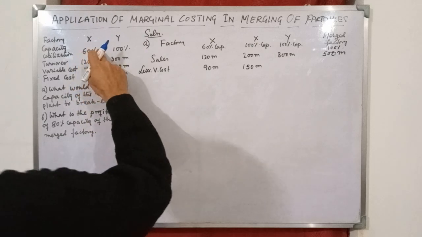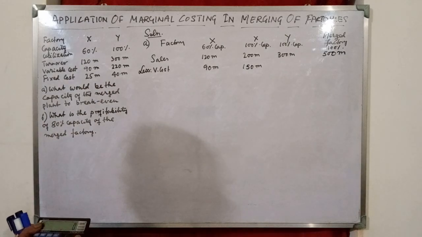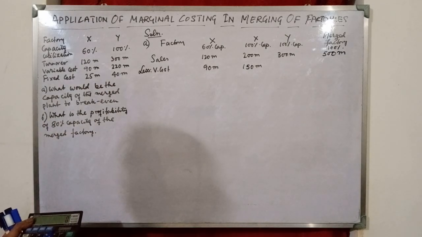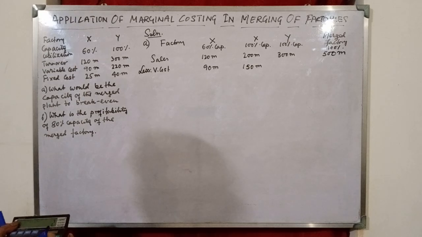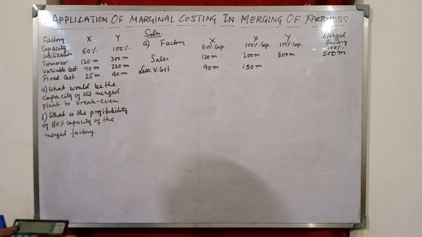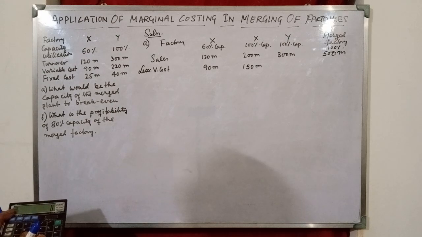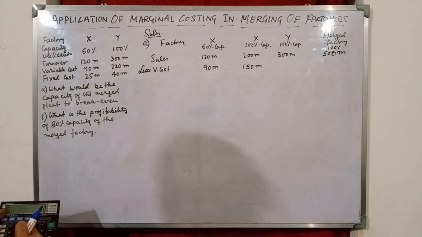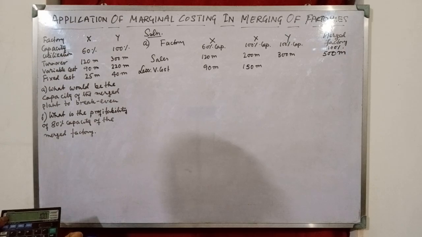At 60% capacity, turnover is 120. So 120 divided by 60 into 100. Sorry, the variable cost is 90 million. So 90 divided by 60 into 100.